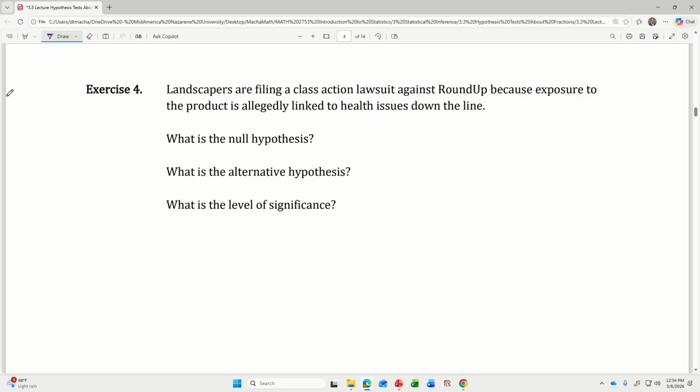Landscapers are filing a class action lawsuit against Roundup because exposure to the product is allegedly linked to health issues down the line. What is the null hypothesis? In this case, we would start off by assuming that Roundup is safe to use.